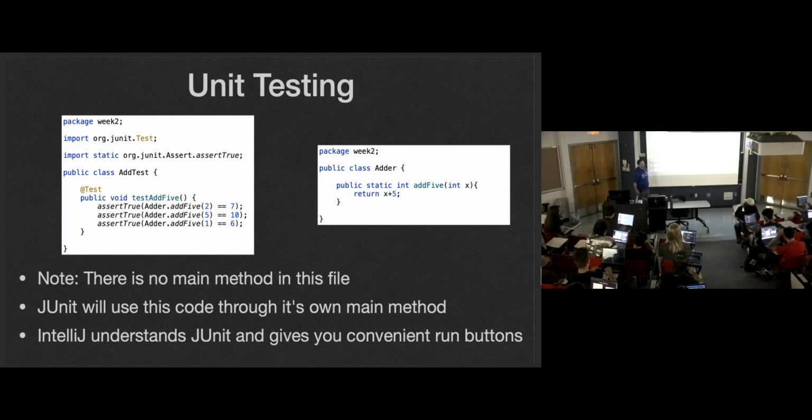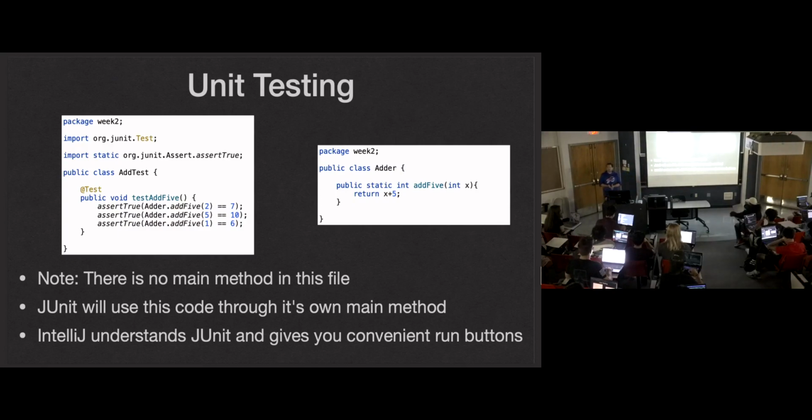JUnit will have its own main method. There's a test runner class, which is actually run and then consumes this class. It'll create an object of this type and then call our non-static method through that object. That's all handled behind the scenes by JUnit. So we're not writing a main method, but a main method is still running to be the start of the Java program. And lucky for us, IntelliJ will do all that for us.